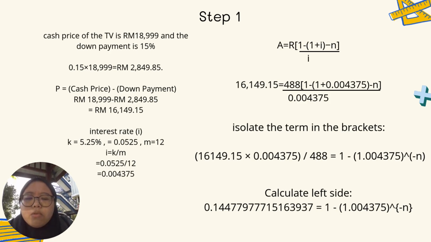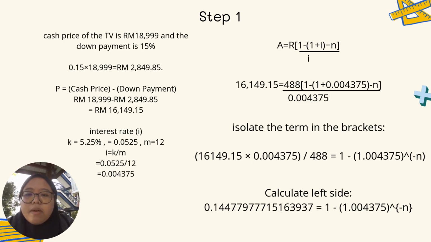Today I will explain question 5. First step, the cash price of the TV is RM 18,999 and the down payment is 15%. So what we have to do is 0.15 multiplied by 18,999 ringgit equals RM 2,849.85.